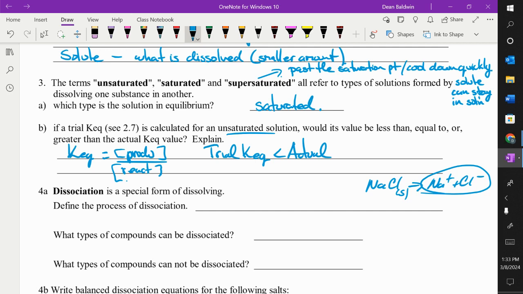And KEQ is equal to, we say products over reactants, but this is a solid, right? If I'm dissolving salt in water, we can really just look at this. KEQ is equal to products. If you're saturated, I can't get any more of this. Does that make sense? Okay. If we're unsaturated, I have less of this than I could actually have. Does that make sense? Okay.